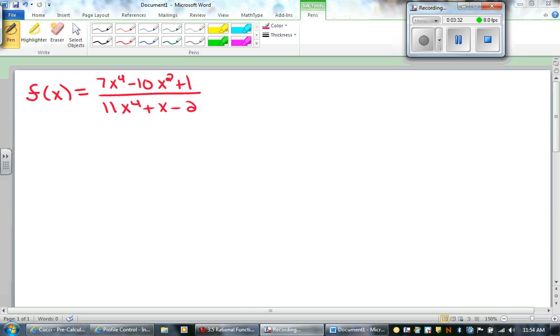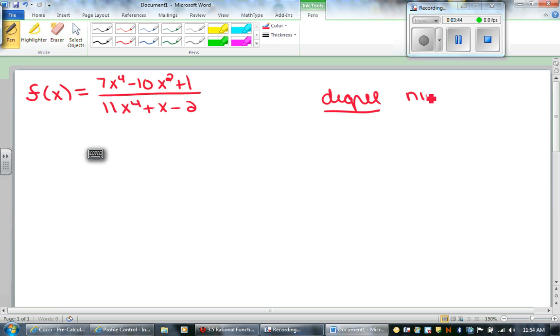Okay, so the first thing we're going to look at for horizontal asymptotes is the degree of the polynomial. So we're going to take a peek at the degree. Okay, the degree in the numerator is 4. The degree in the denominator is also 4. Okay, and this is going to be really important.